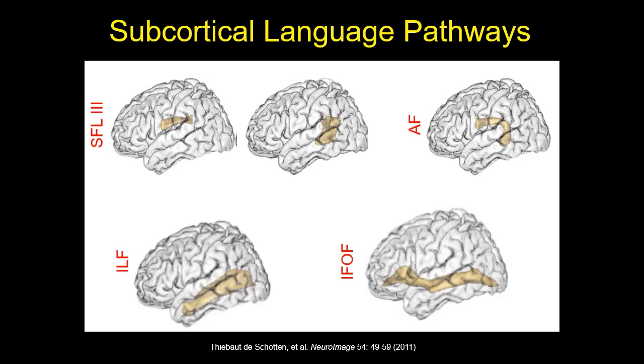In the lower left, the inferior longitudinal fasciculus is shown deep to the middle temporal gyrus. And finally, the inferior frontal occipital fasciculus, a long white matter bundle extending from the occipital lobe posteriorly and terminating diffusely within the frontal lobe.